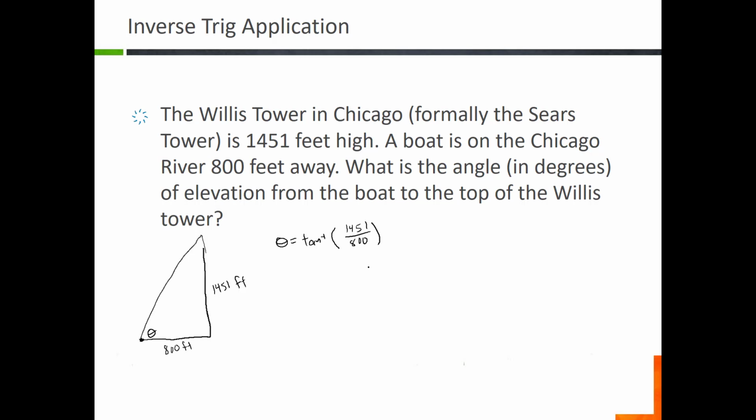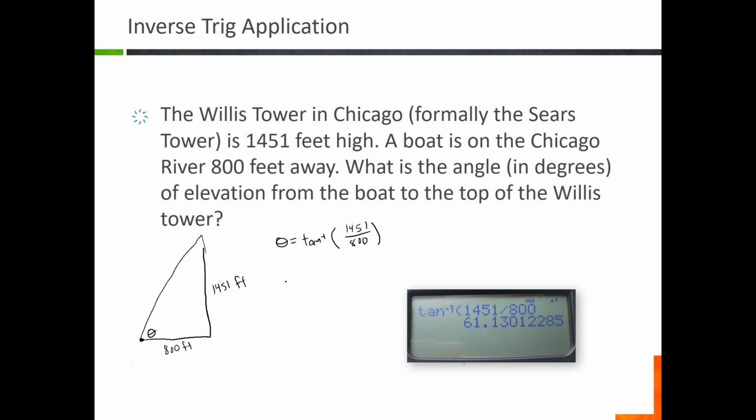That doesn't really simplify, at least not in any of the nice numbers that we have, so we're going to have to use our calculator. And so we end up getting that our angle theta is roughly 61.13 degrees.